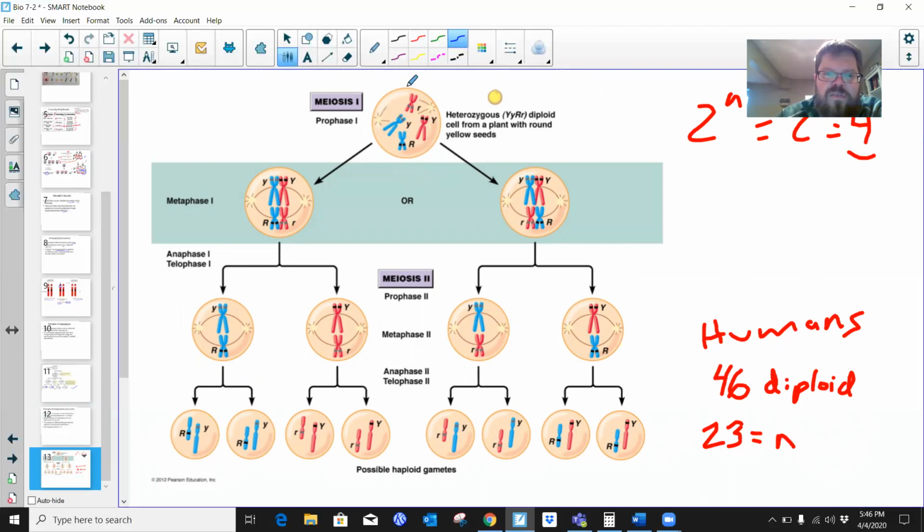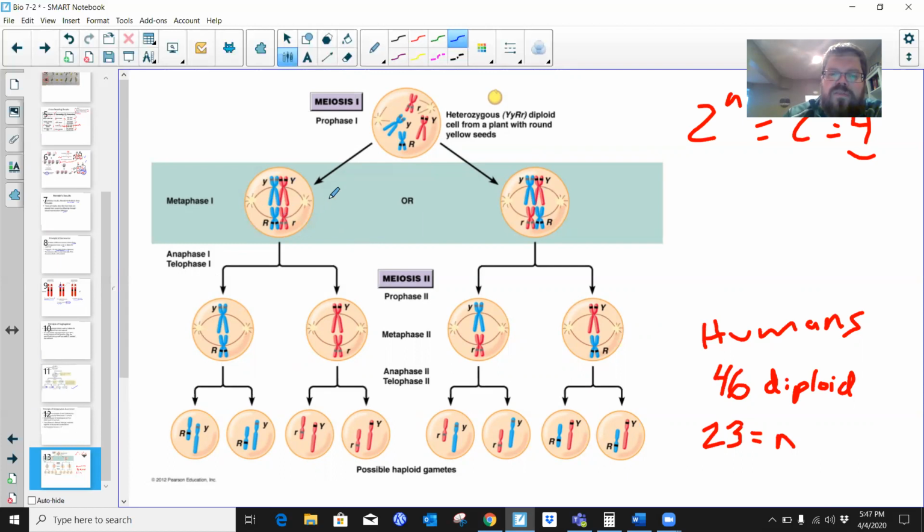Here's this cell that's got 4 total chromosomes. As it goes into metaphase 1, it could end up aligning in one of 2 possible combinations, if you will. So if we've got all blues on this side and all reds on this side, or a blue and a red and a red and a blue.